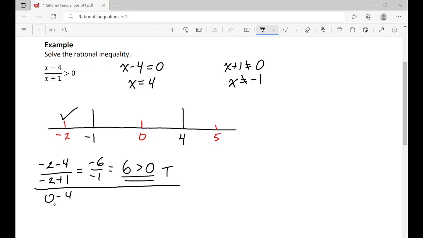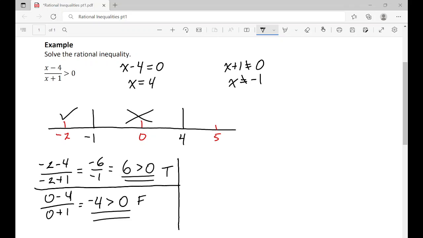0 minus 4 over 0 plus 1 is going to be negative 4. And is negative 4 greater than 0? That is false. So since 0 here is false, everything between negative 1 and 4 is false.